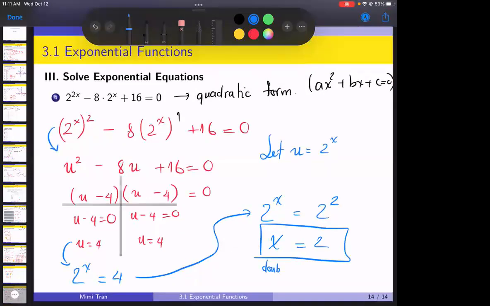By the way, this is a double root. If you do the right side, it's x equals 2 again. It's quadratic, so you should have a solution. Fundamental theorem of algebra.